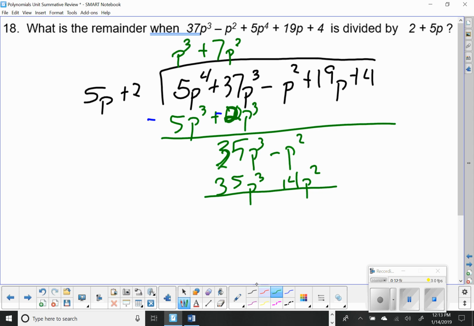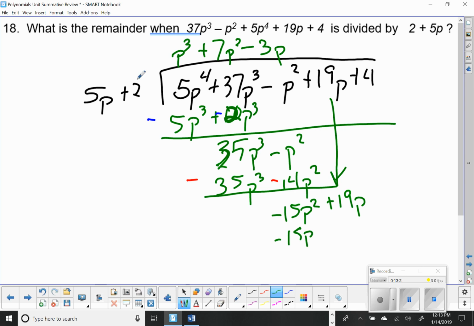Since I'm going to subtract, negative p squared minus 14p squared is minus 15p squared. Bring down the plus 19p, 5 into 15, negative 3p. I get negative 15p squared.